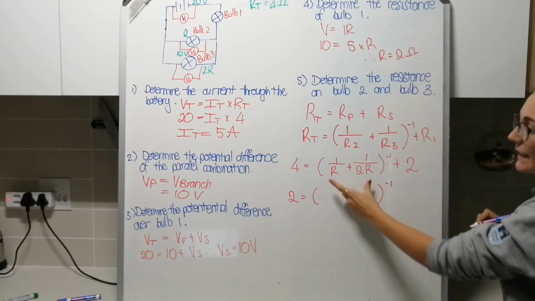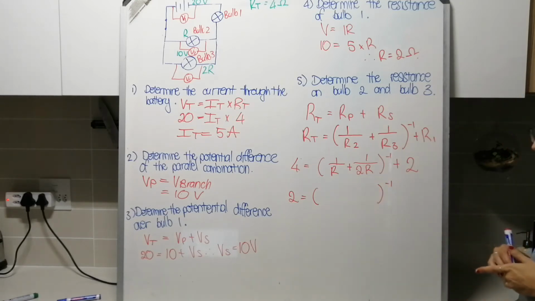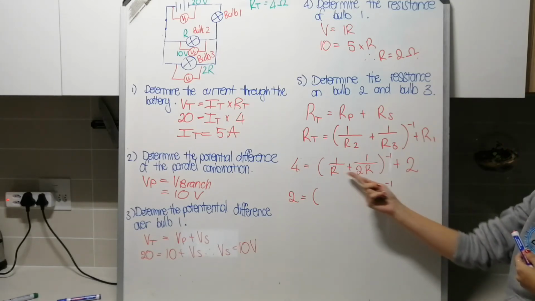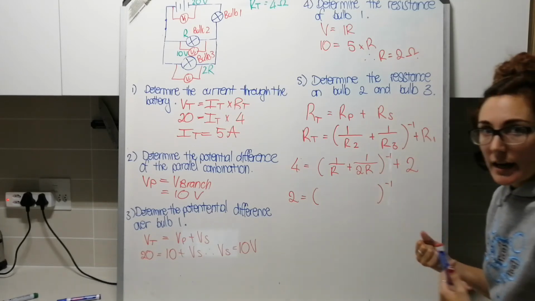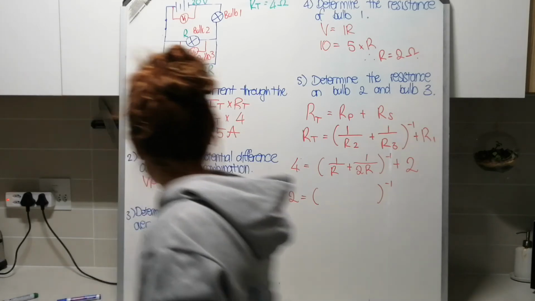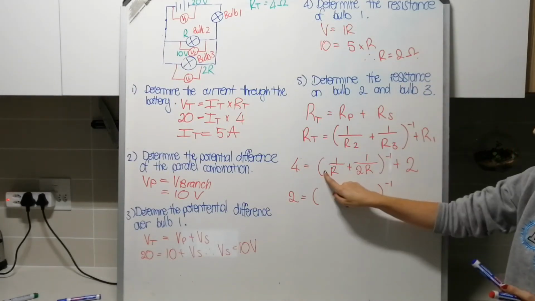Now in here I'm adding 2 fractions. So we need to think back to grade 8 and think, how would I add 2 fractions like this? I need to have the same denominator, right? So in order to get these to the same denominator, do you agree my LCD needs to be 2R? Because I've got 1R and 2R.